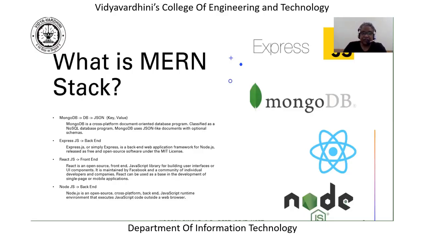Express.js is nothing but a backend web application framework for Node.js. So on top of Node.js, you put Express.js. It's free and open source software. React.js is used for front end development. It's an open source front end library, right?